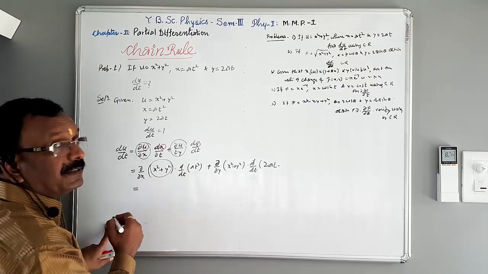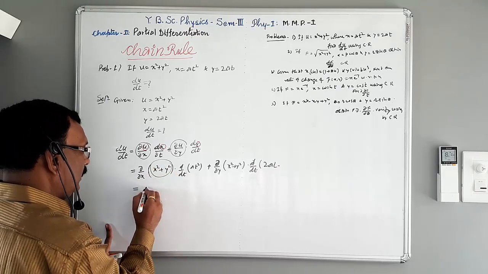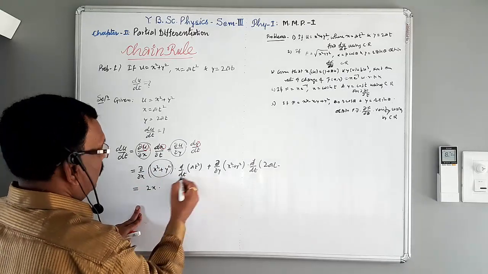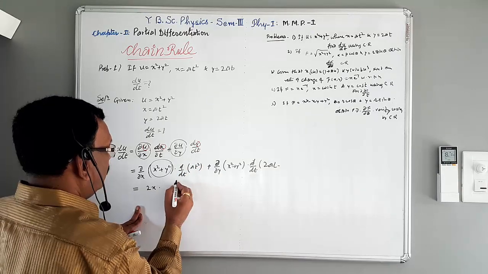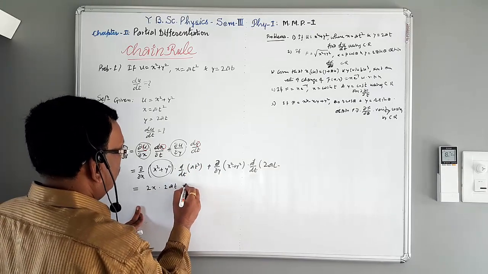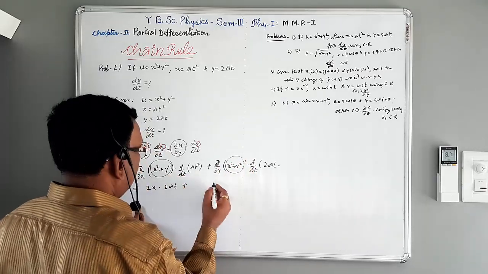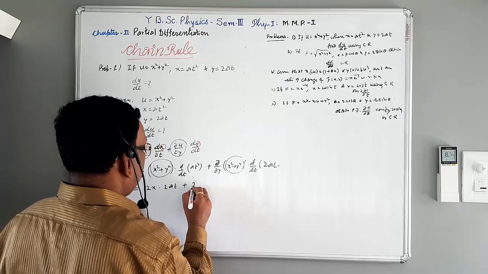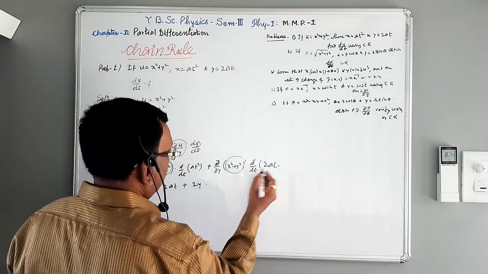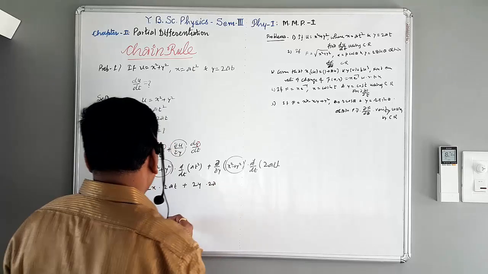Derivative of y square with respect to x is 0 and derivative of x square with respect to x is 2x into derivative of at square with respect to t, which is 2at, plus similarly 2y, and the last derivative of twice at with respect to t is twice a.